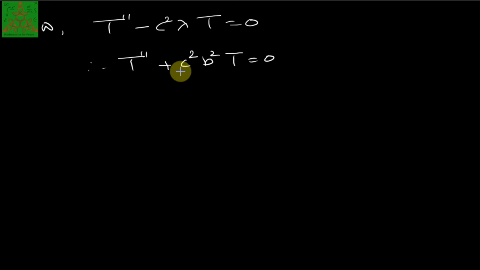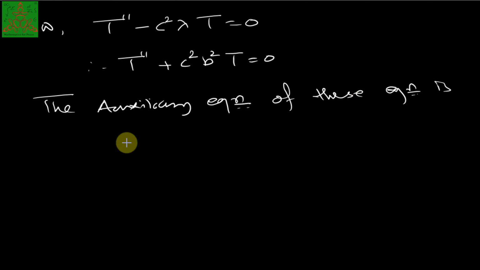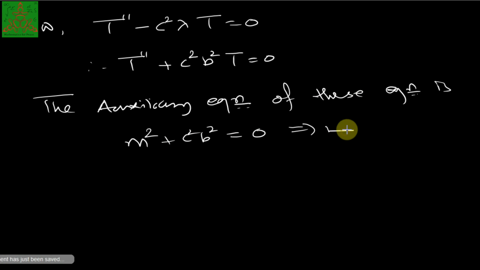So the auxiliary equation for this is m square plus c square b square equal to 0. Therefore it will give me m equal to plus or minus i c b. Also we have complex roots.